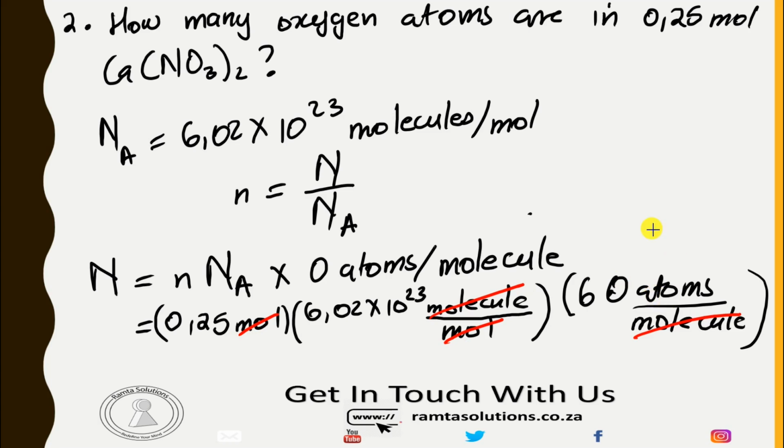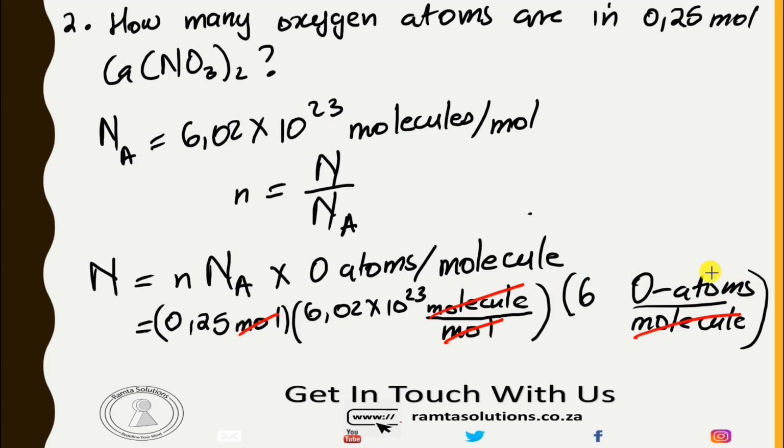Now, let's get our answer. 0.25 times. Guys, remember, do not make a mistake here. Let's call this O atoms. Let me erase it because it looks like 60. So 6 O atoms.